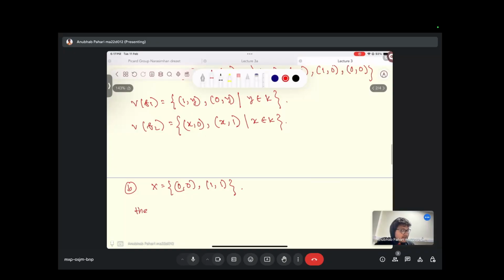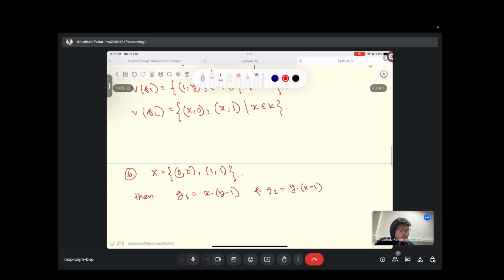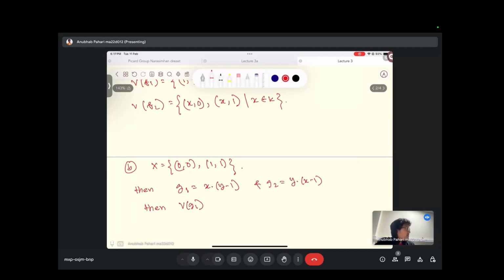Again take g1 equals x(y minus 1) and g2 equals y(x minus 1). Then V(g1) would be (0, y) or (x, 1).